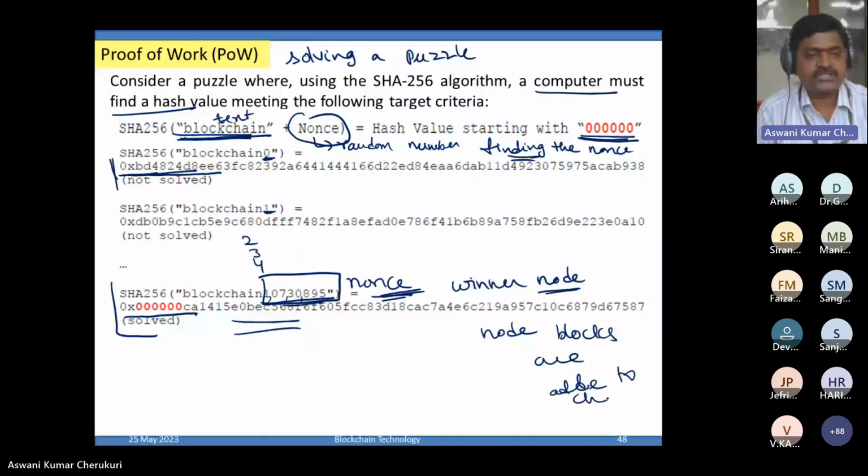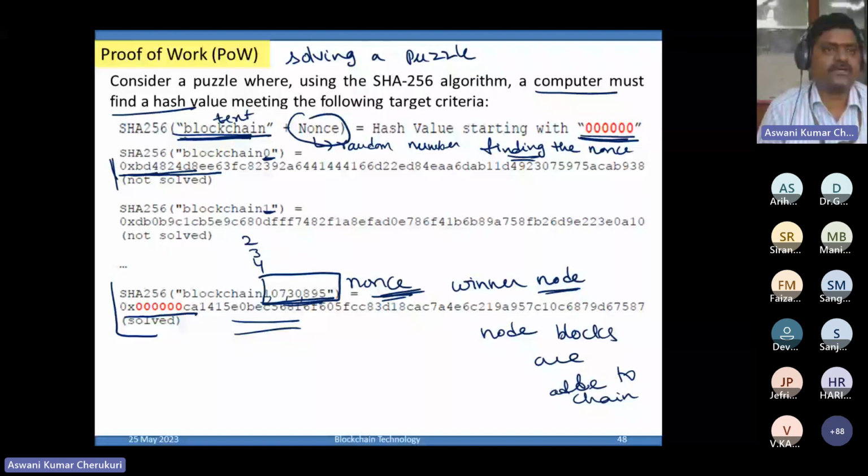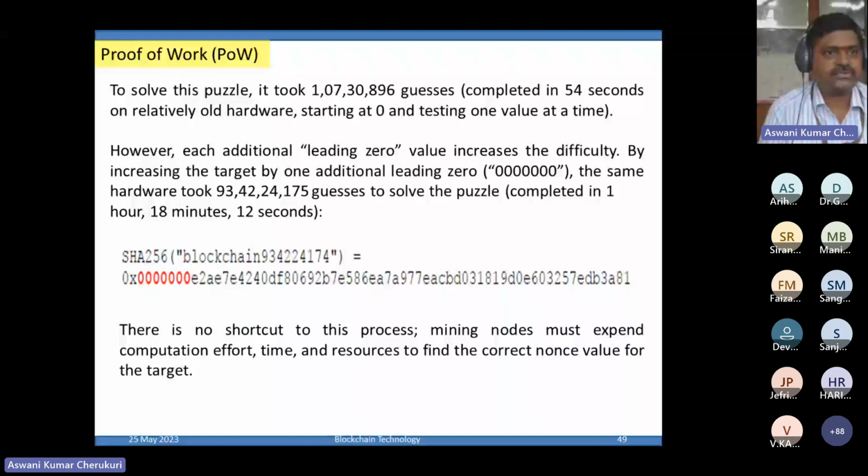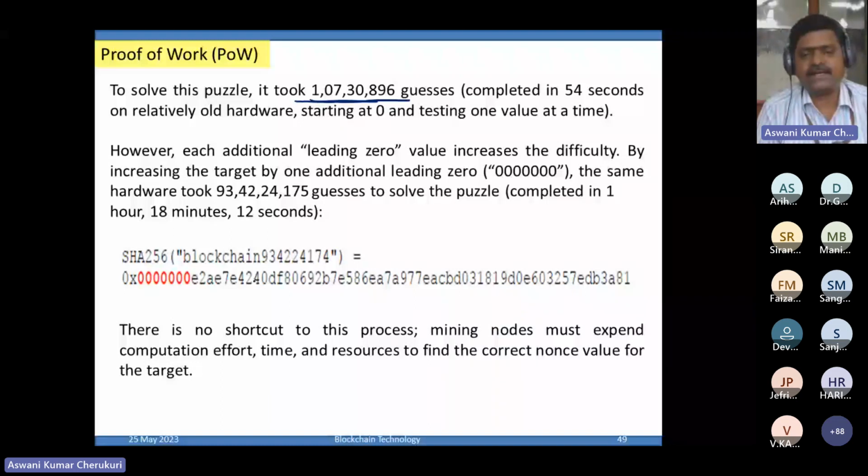That is how, when multiple blocks are created, the block to be added to the chain is decided. To solve this puzzle, it took more than 1 crore guesses, and whoever identifies this particular number will be allowed to do this particular hash, otherwise no.